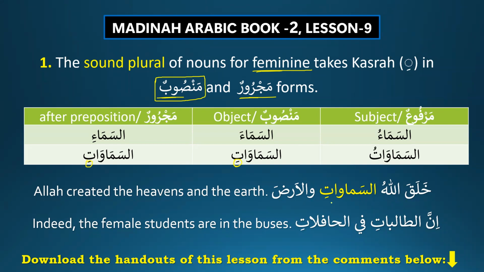خلق الله السماوات والأرض. Khalaqa, we know, is the verb, the fi'l, and lafz al-jalala is the fa'il, the doer. We have fi'l plus fa'il, and what we have after that is the object. The object is always mansub, but here it comes with kasra because it is the sound plural of sama.